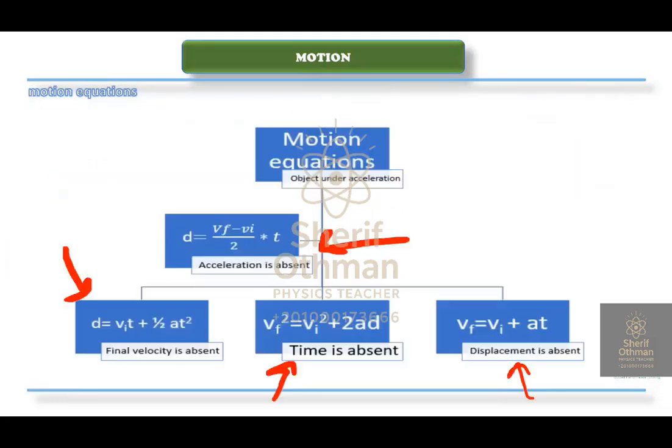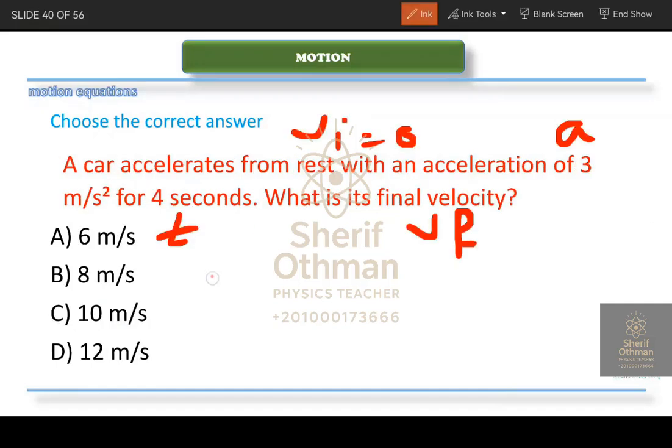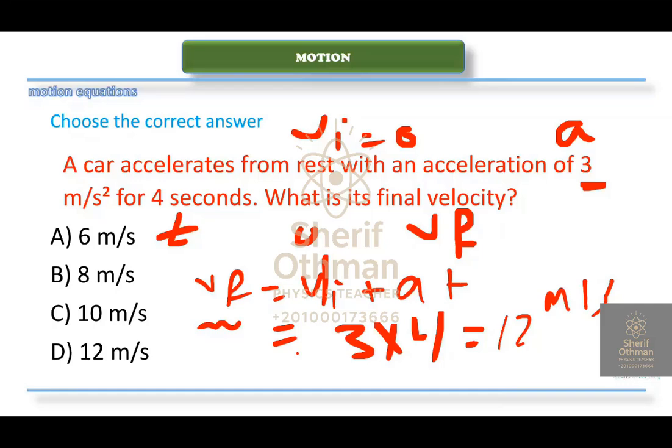So, returning back to the equations, the equation in which displacement is absent is v final equals v initial plus at. V final is the required part, equal to v initial, which is 0, plus a, which is 3, multiplied by t, which is 4. So the answer will be 12 meters per second.